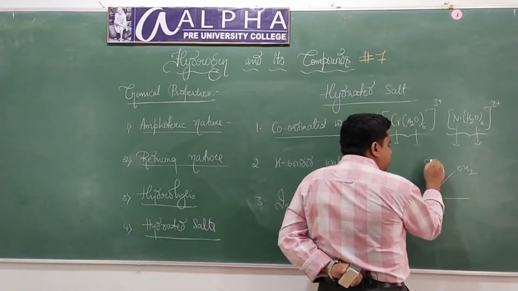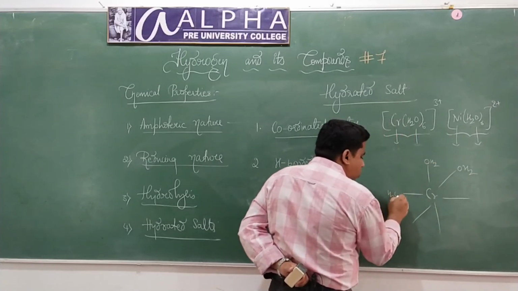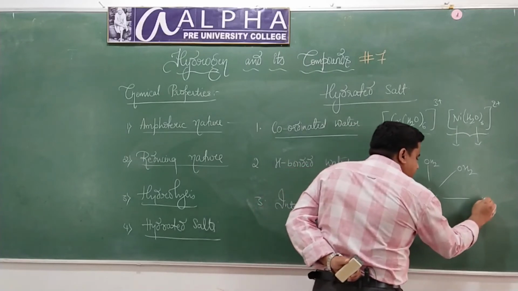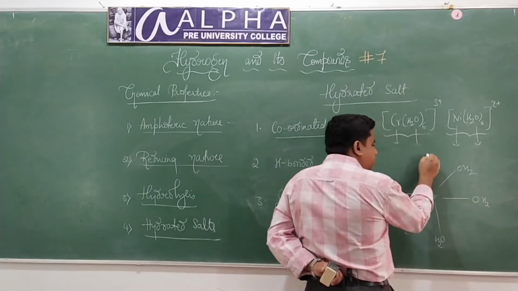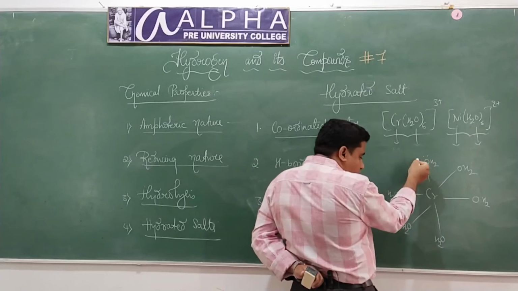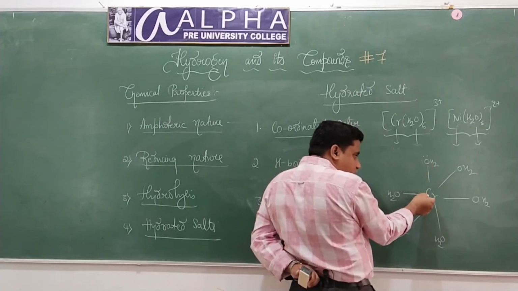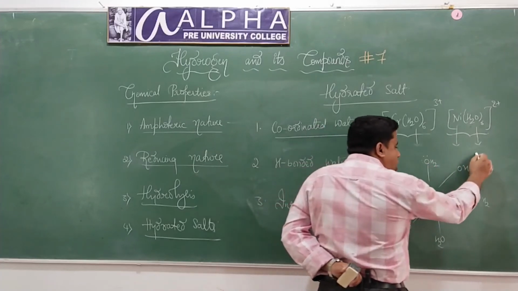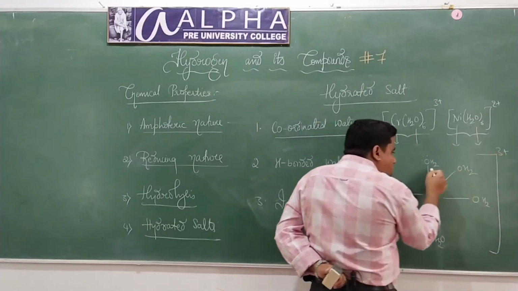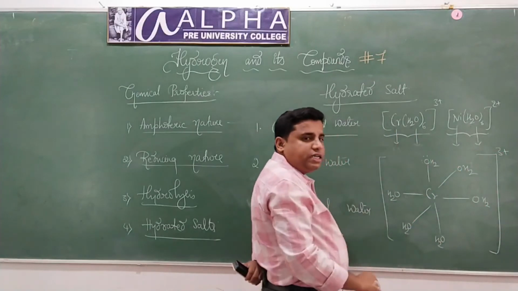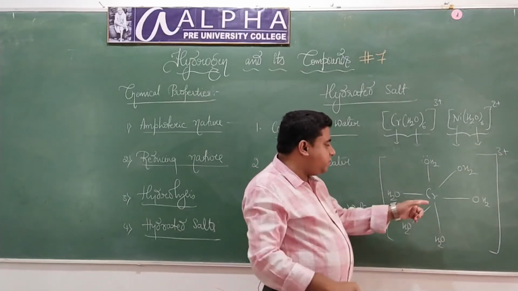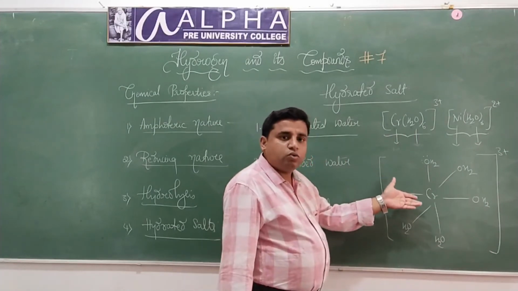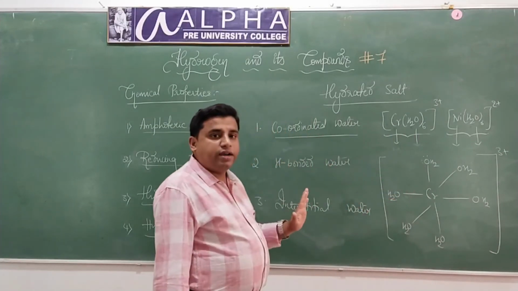Each water molecule donates a pair of electrons to the central metal atom and forms a coordinate bond. Since all 6 water molecules present are bound to the central metal atom through coordinate bonds, this is called coordinated water.